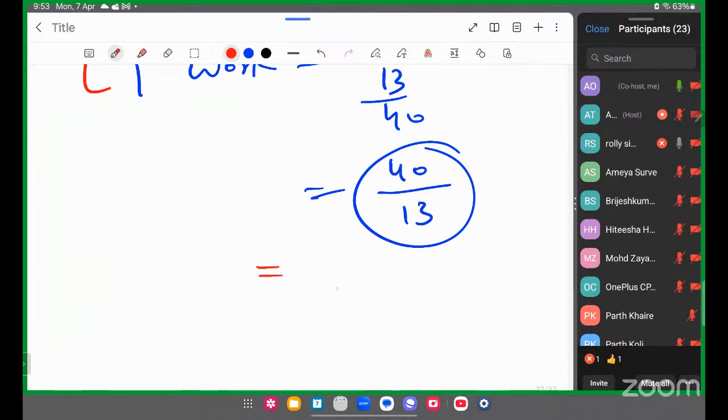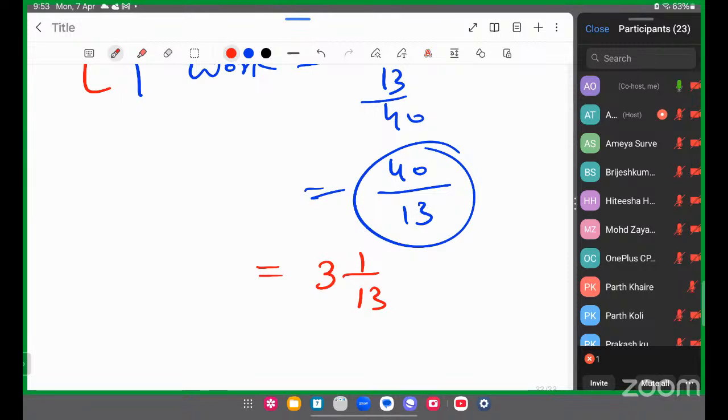40 by 13 means 3 and 1 by 13, which means if A and B both work together, then it will take 3 complete days and 1/13th part of the day. 1/13 part means, if you convert it into hours, you will understand the sense. 1 day means 24 hours.